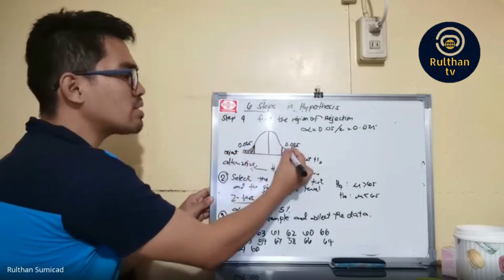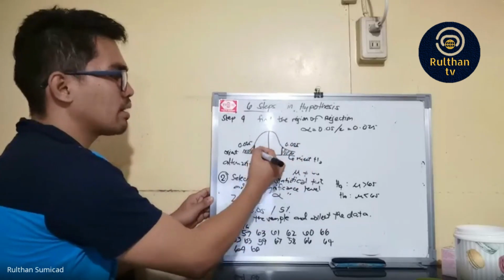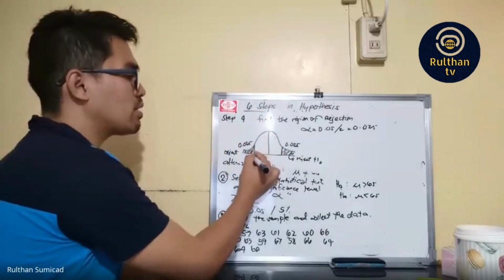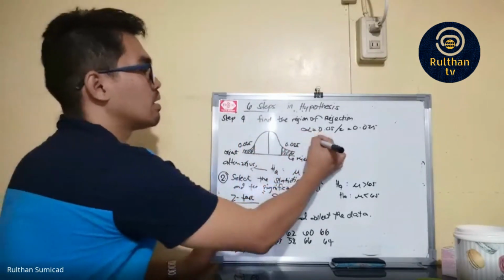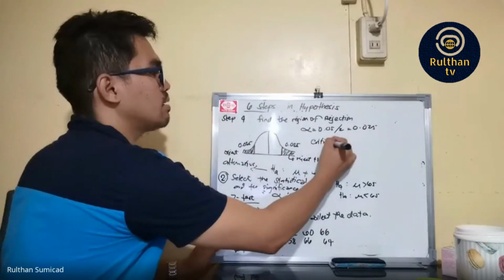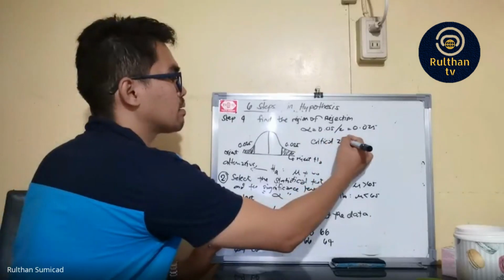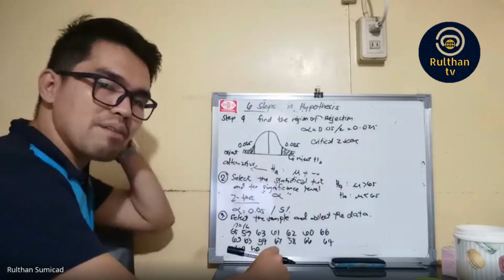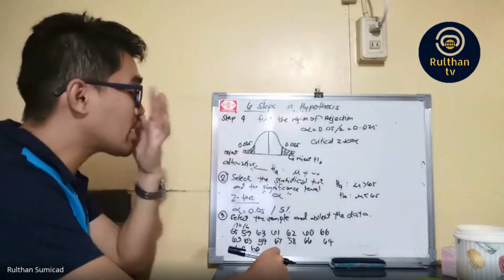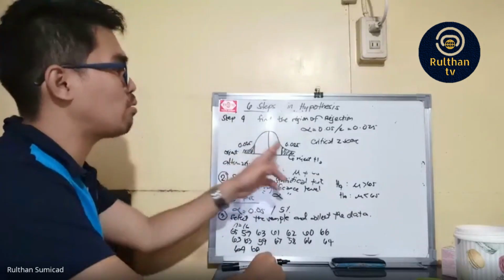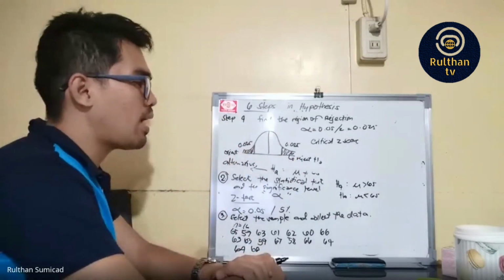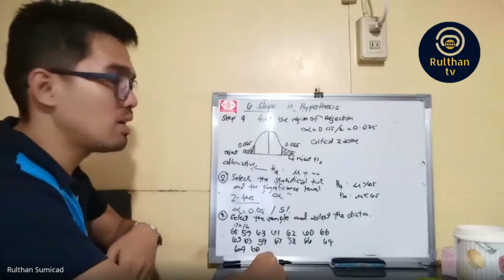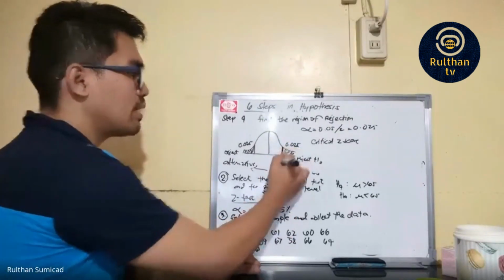By the way, we call this boundary our critical Z, the critical Z score. So we have to identify our critical Z score. If I ask you what the critical Z score of this value is, knowing that this is the area of rejecting the null hypothesis, what must the Z score be? You must know that one.